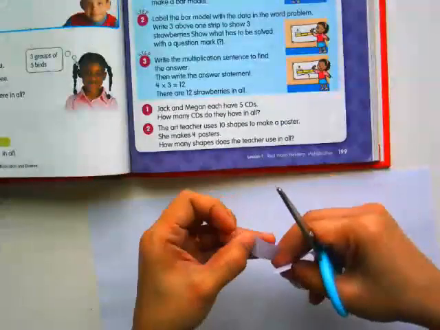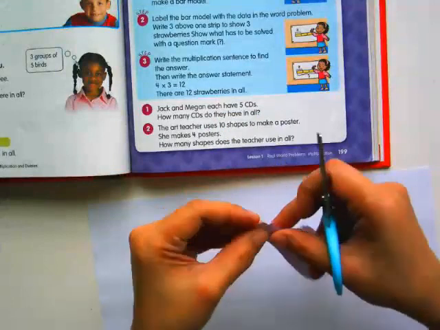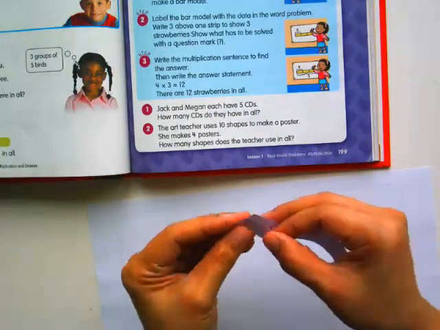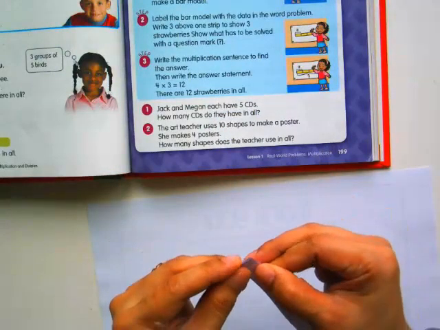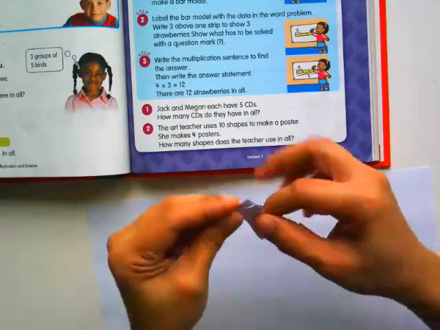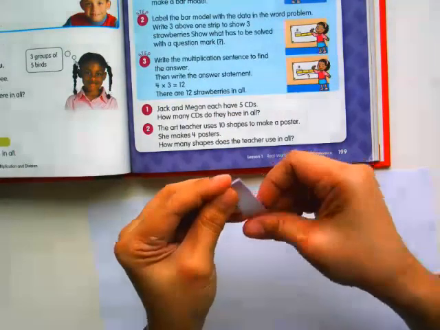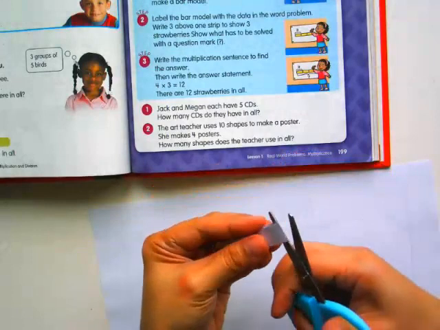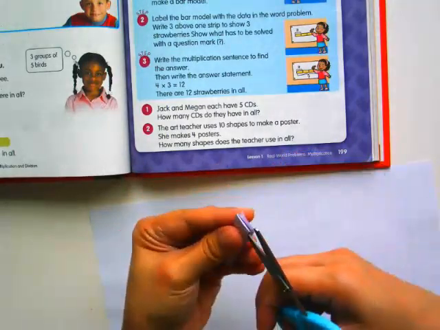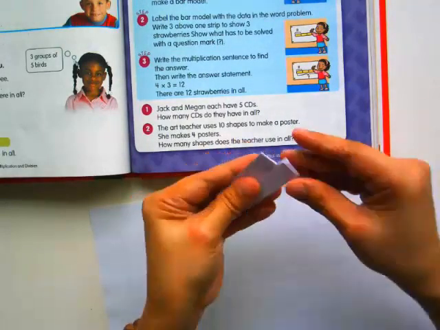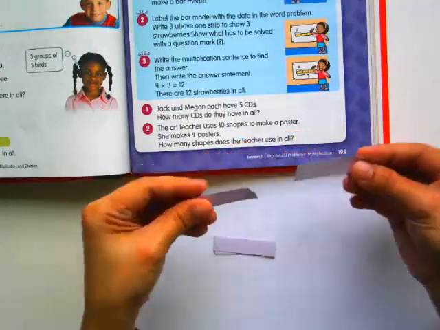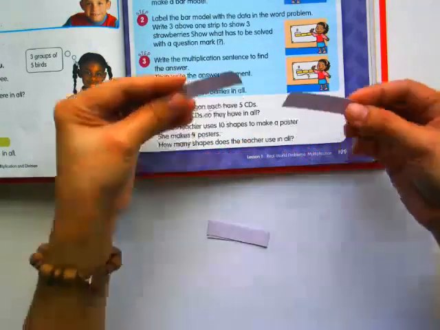Okay, it says here that you need to show 4 strips of the same length. So for me to be sure that I will be having the same length, I folded it into 4. So now I have 4 strips with the same length.